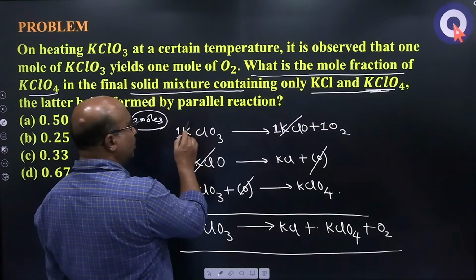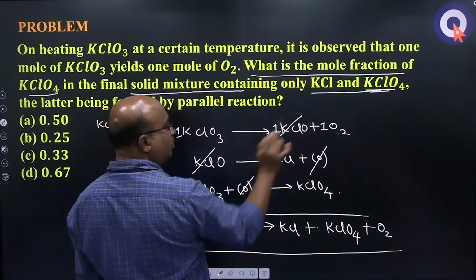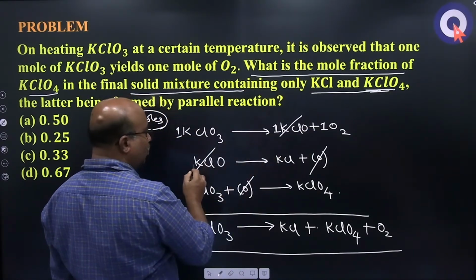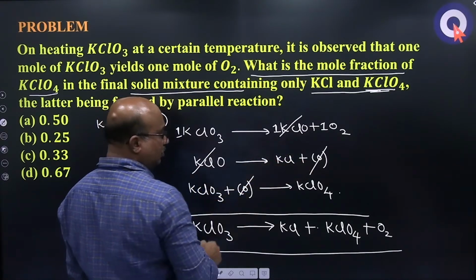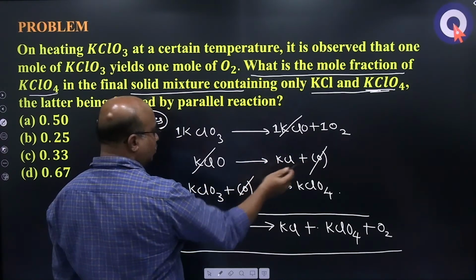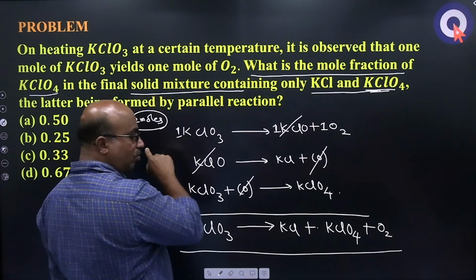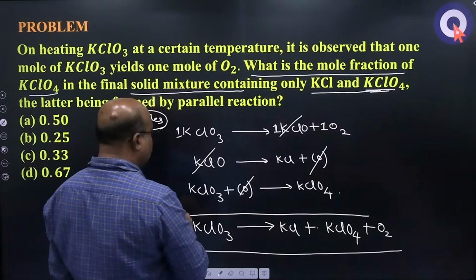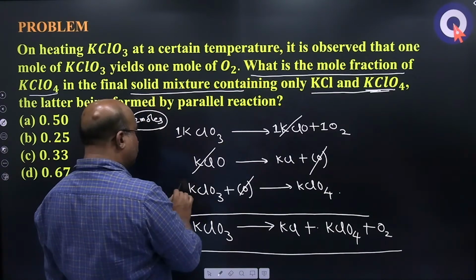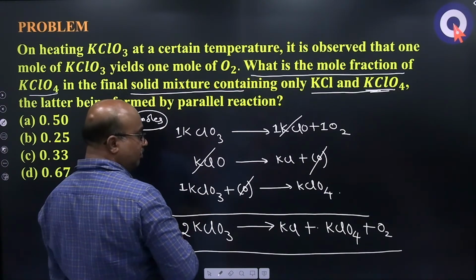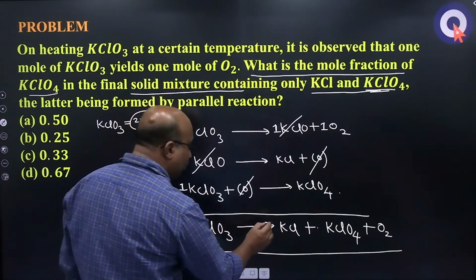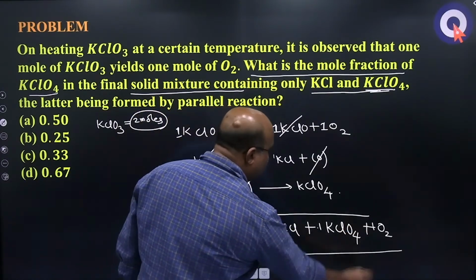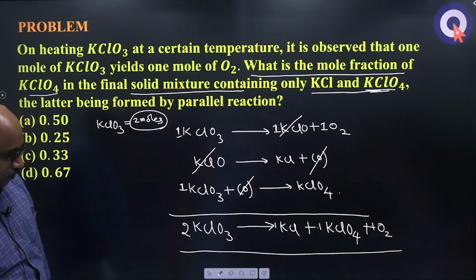In that, 1 mole reacts first, giving 1 mole and 1 mole. Then in that 1 mole you get 1 mole of this and nascent oxygen. Then this nascent oxygen reacts with another 1 mole, consuming it and again giving 1 mole. So 1 mole of this is consumed here, 1 mole of this is consumed here. So 2 moles gives 1 mole of this, 1 mole of this and 1 mole of this overall.